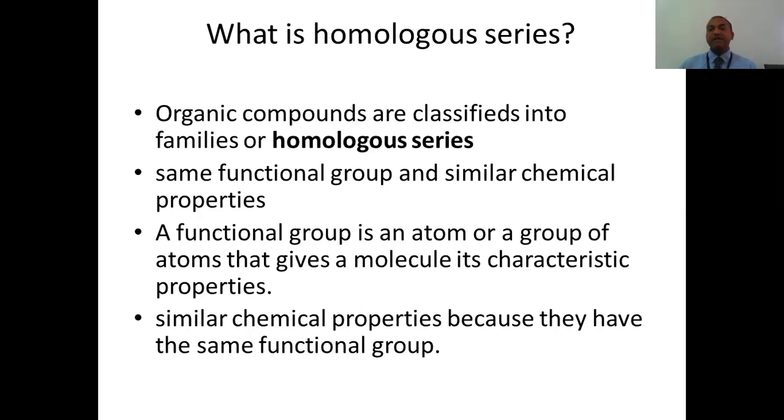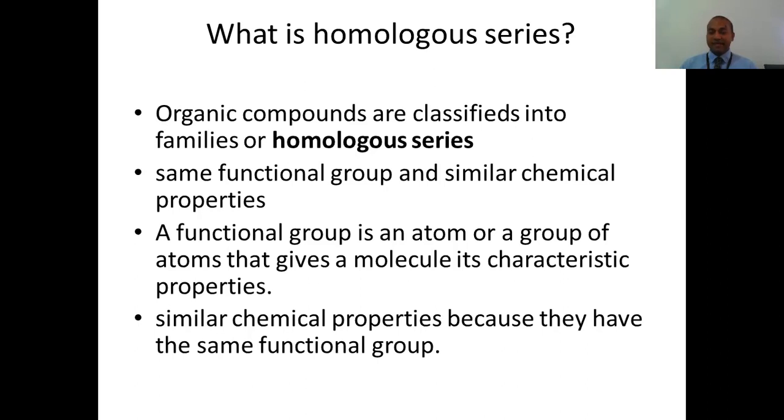In a similar way, organic compounds are classified into families, and these families we call homologous series. They have the same functional group and similar chemical properties, which makes it easier to understand. For example, when I say herbivore, all or most of them eat shrubs and grasses. In the same manner, the chemical properties in a homologous series are similar. They have the same functional group.